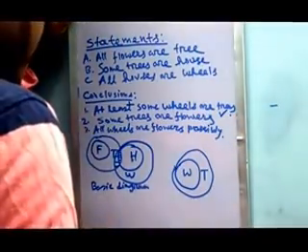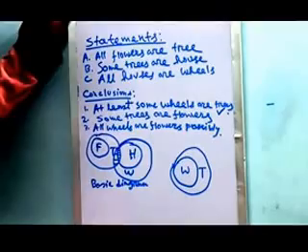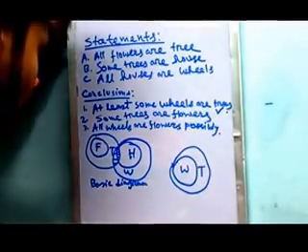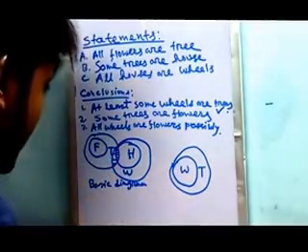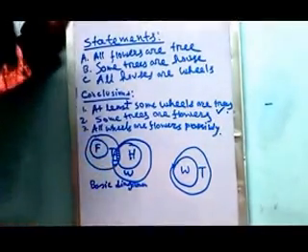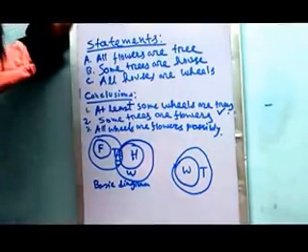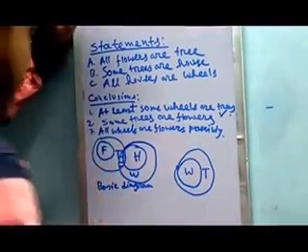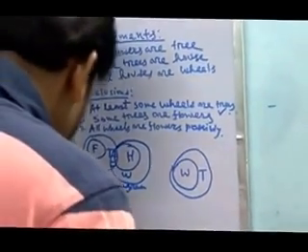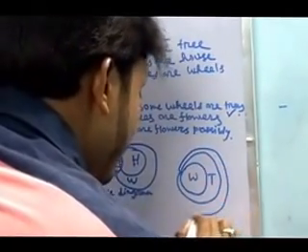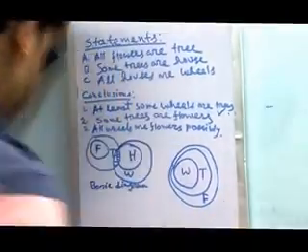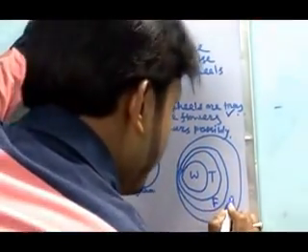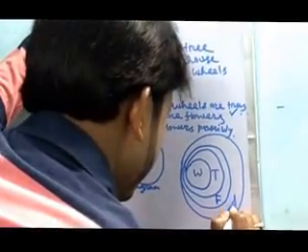Now conclusion 2 tells us some trees are flowers. Let's see what happens here. Very interesting. Some trees are flowers. So this is a part of tree and this is a flower. We have already seen that flowers is within the tree segment. So if this circle is denoted by flower, this must be denoted by tree.